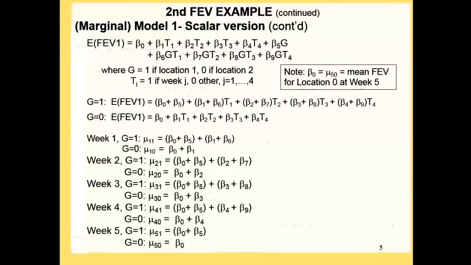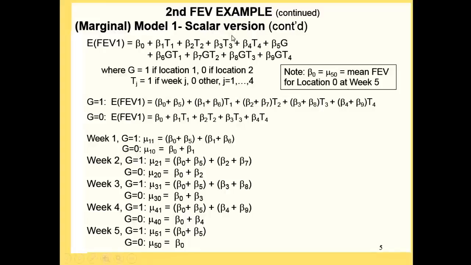Okay. Now, it turns out, for this model, you can actually show what's going on. And I also talked about this. For this model, for example, if somebody is in location 0, where location 0 is the referent group, for location 0, G is 0, okay?